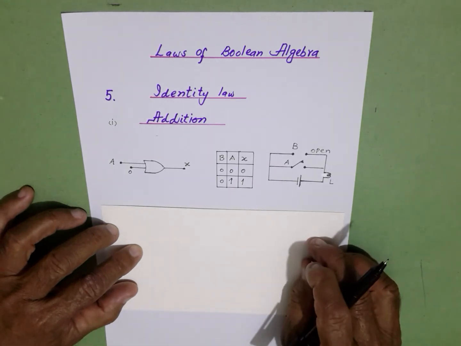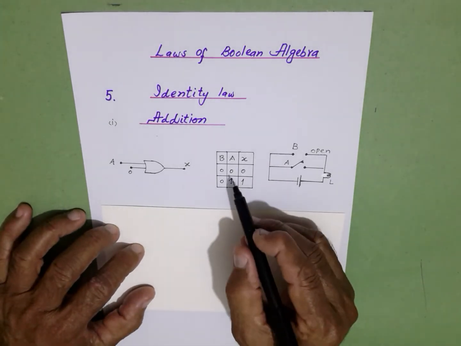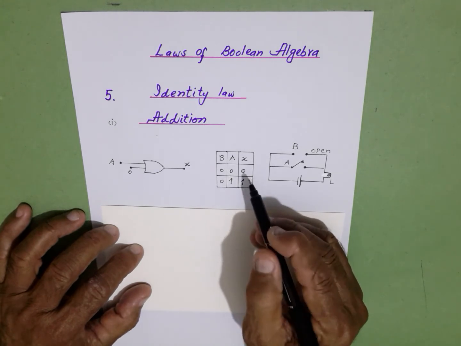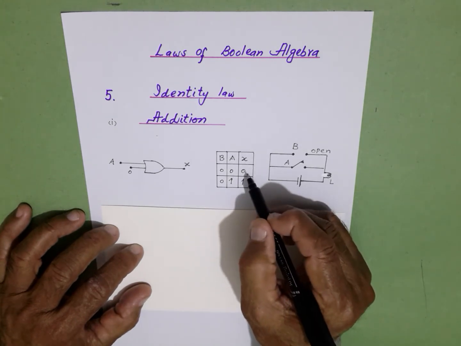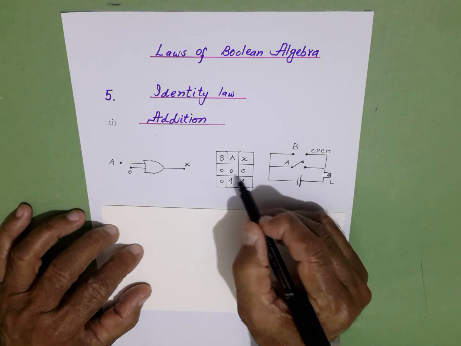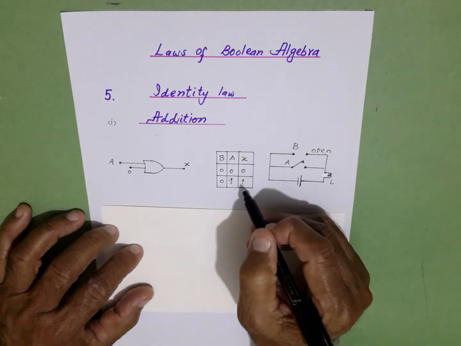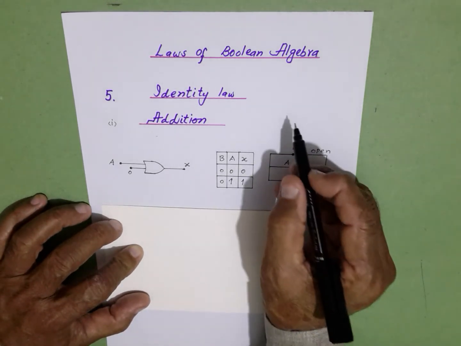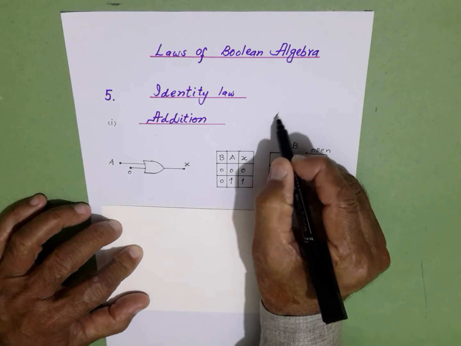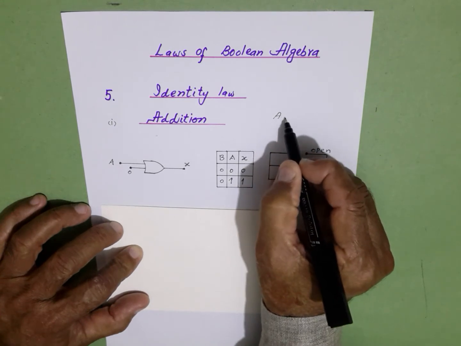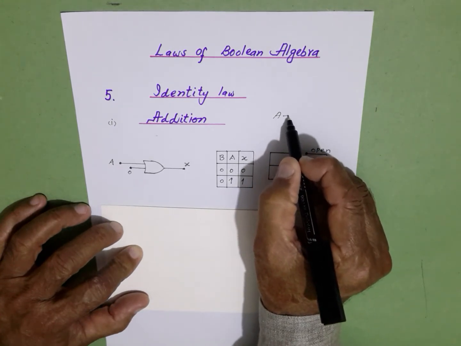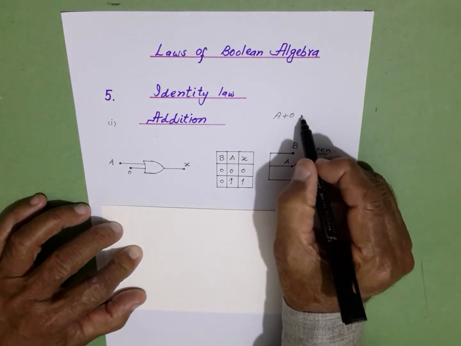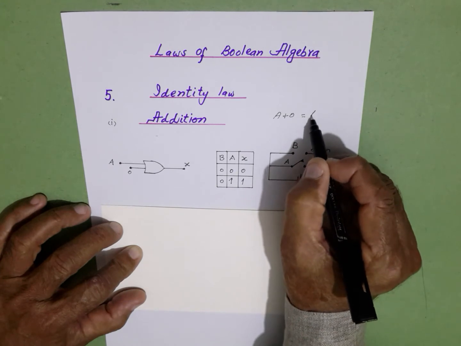And see that whatever is variable A, the same is the output. When A is 0, the output is 0. When A is 1, the output is 1. Therefore, we can conclude that when a variable is ORed with 0, the output is always the variable.